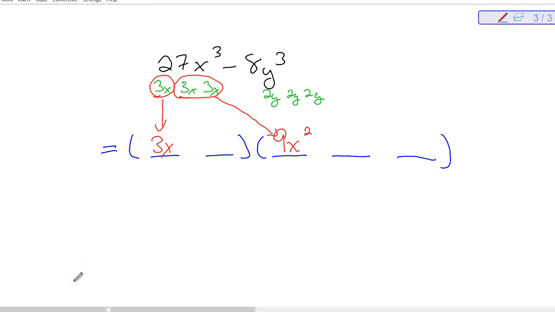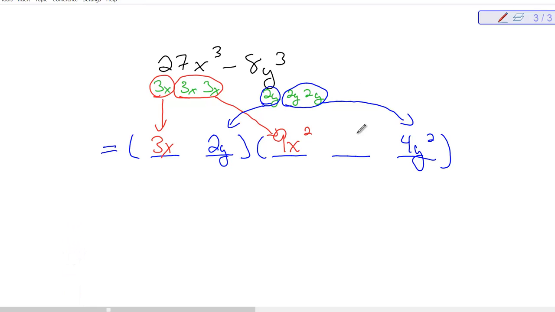Then the 2y is going to come here, so I'm going to have 2y. My other 2y's are going to get multiplied back together. So 2 times 2 is 4, y times y is y squared, and they're going to go in the last blank. So last blank, last blank.